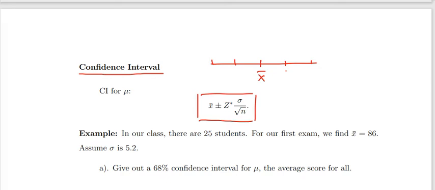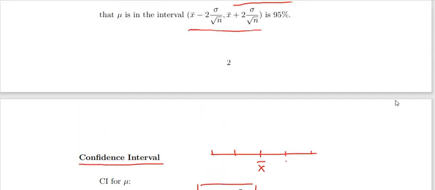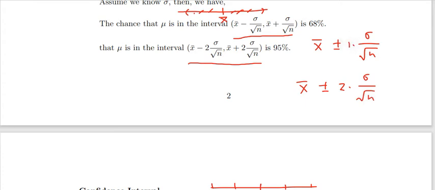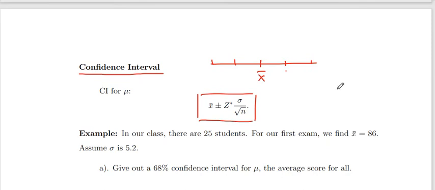We put this together as a formula: x bar plus or minus C star times sigma over radical n. This one is x bar plus minus sigma over radical n, or x bar plus minus 2 times sigma over radical n. Here it's 1 times, here it's 2 times. But in general, there's a Z star, a coefficient multiplying sigma over radical n.